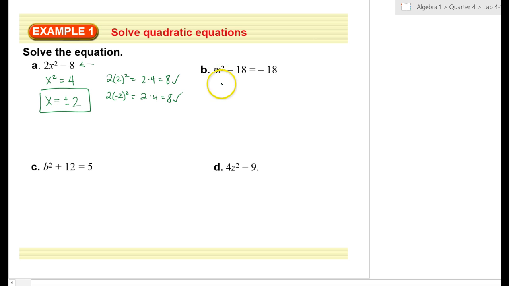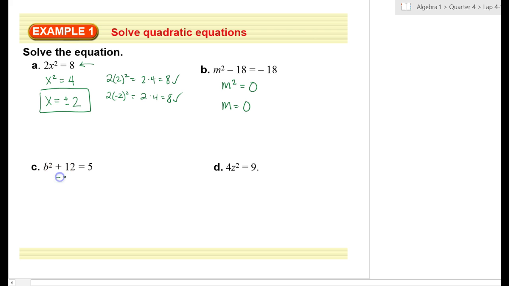If we move on to B, we add 18 to both sides, which gives me 0. When you take the square root, it's 0. Don't worry about plus or minus 0. That's irrelevant. 0 doesn't have a sign.